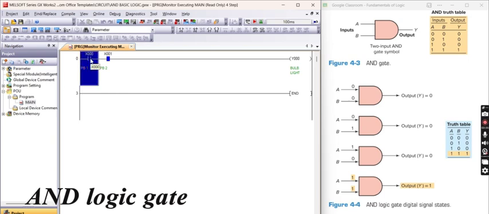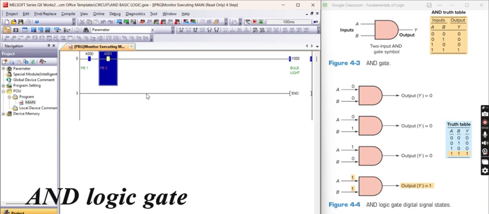If A is 1 and B is 0, our output is not energized. If A is 1 and B is 1, then our output is now energized.